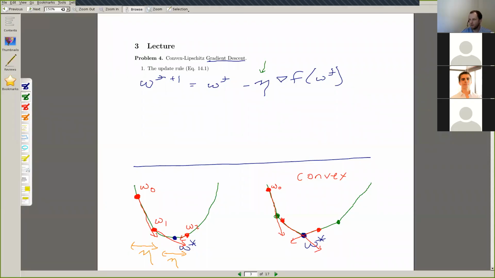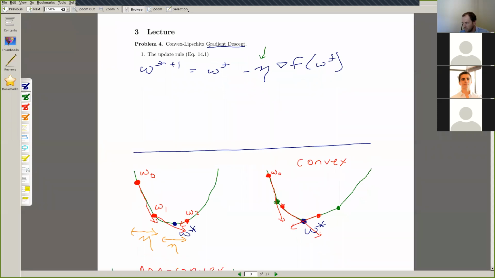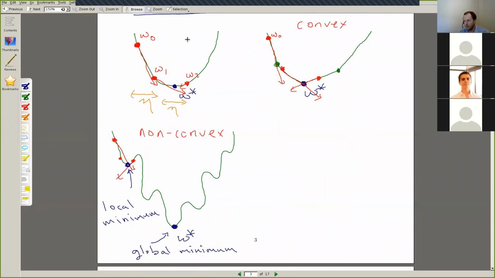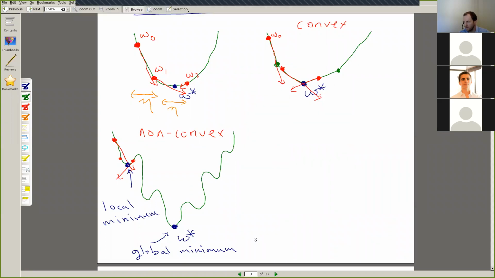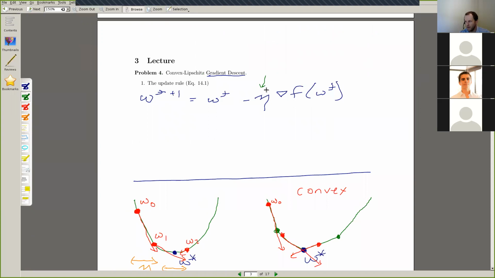And so what we were just talking about was down here, seeing these different pictures of gradient descent. And then there was just a question about the step size.